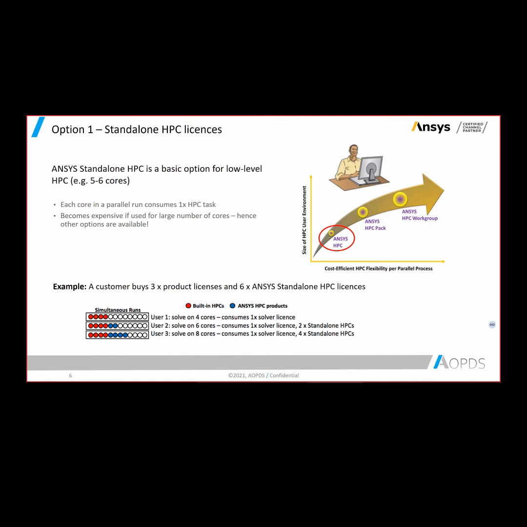And if the second user solves on 6 cores, he or she consumes 1 solver license plus 2 standalone HPCs. And in a similar way, if the third user solves on 8 cores, he or she consumes 1 solver license plus 4 standalone HPCs. So obviously this standalone HPC becomes expensive if used for a large number of cores, and that's why other options are available.